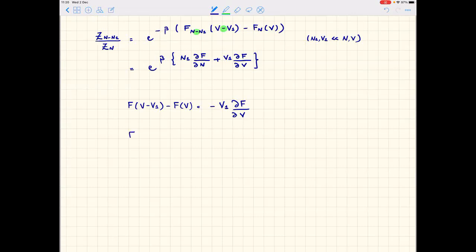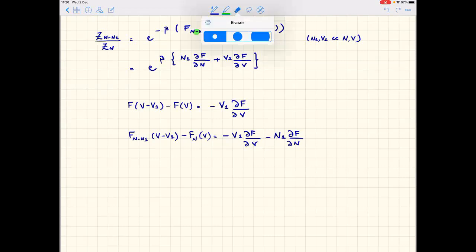So therefore, when you take F of N minus n1, V minus V1, minus F of N and V, this is equal to minus V1 dF/dV minus n1 dF/dN. And now you see that there is a minus sign here, and the minus sign eats up these two minuses. So that's why you get a plus. Clear now? Is it clear? Okay. Yes, yes. Good.